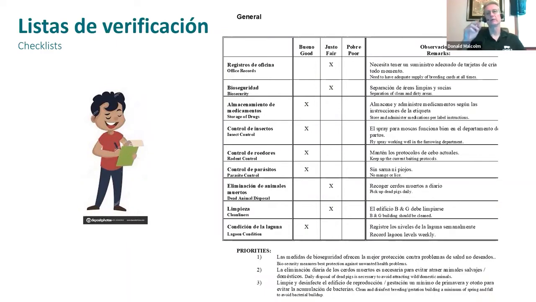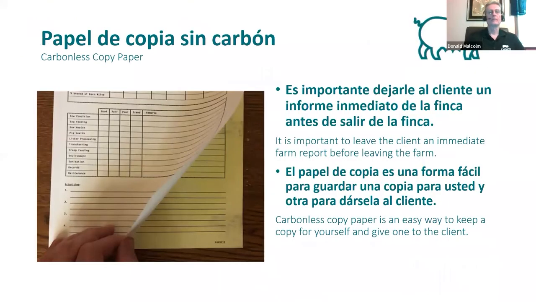You can give your impression of each one of these items, how well they're doing it, and the reason is that it's important to leave the client an immediate copy. So this way you have a copy for yourself.